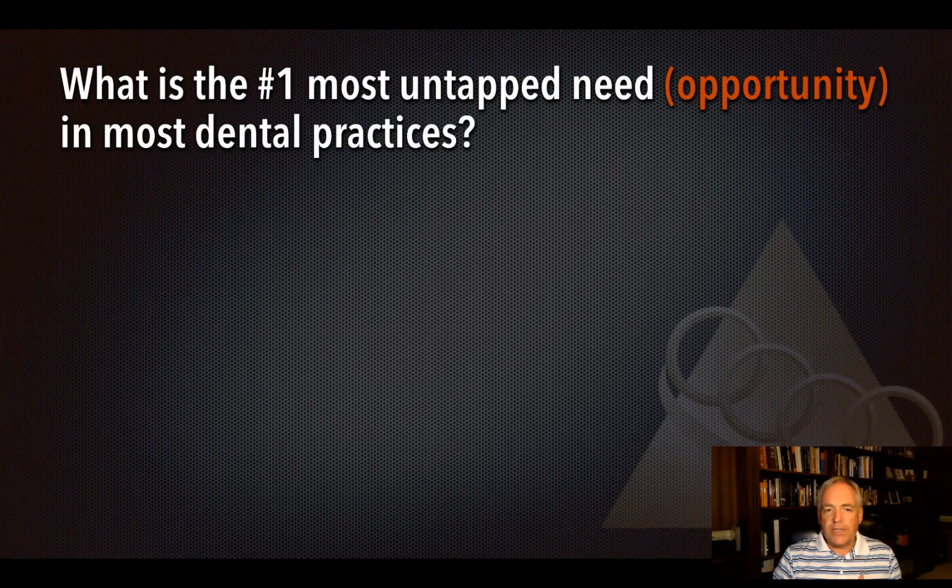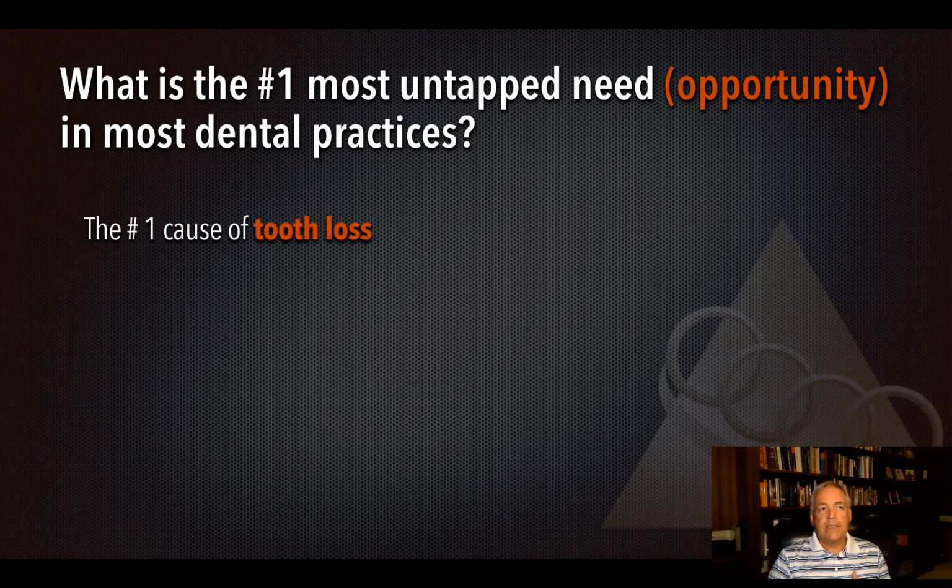So what do you think is the most untapped need or opportunity, if you want to look at it that way, in most dental practices? With periodontal disease, it is the number one cause of tooth loss. And when you look at molars and we start understanding occlusal disease, most molars that are lost from periodontal reasons also have occlusal issues associated with it.